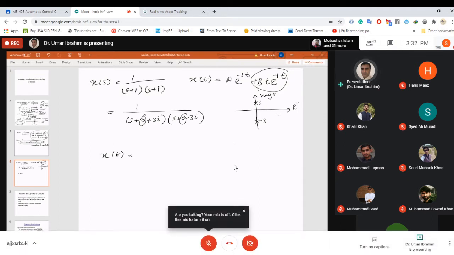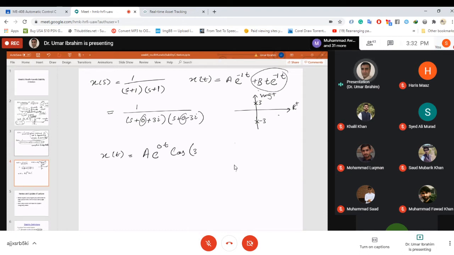For this type of situation, of course, my system response will be equal to a e raised to the power 0t cos(3t minus 5). That means that the response of this system neither decays nor grows.